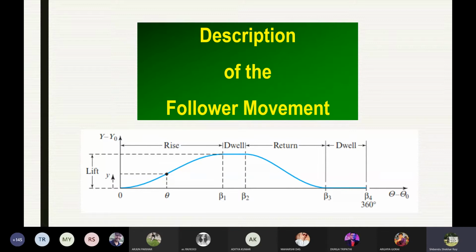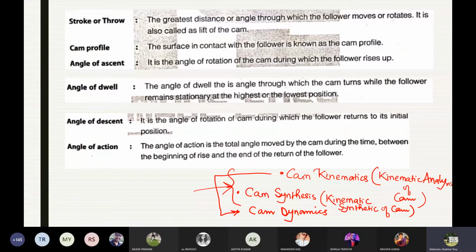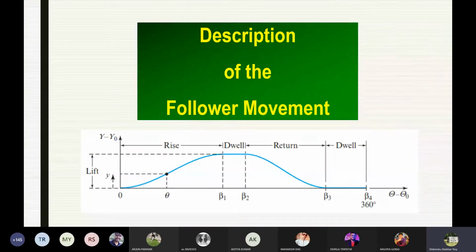Now, as I mentioned here, you already know the definition of lift: the greatest distance that the follower moves in the case of a linear, translatory follower. This graph is popularly known as the displacement diagram.